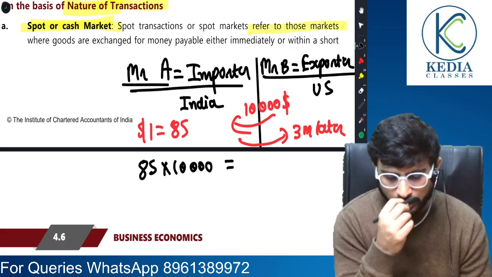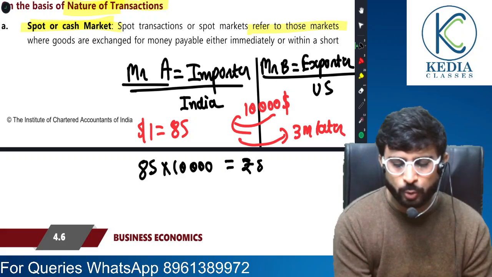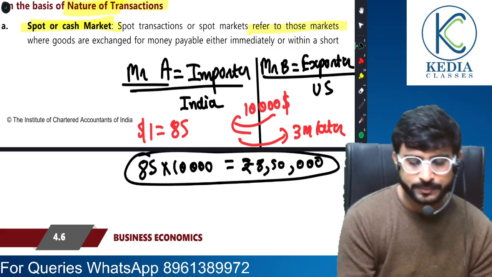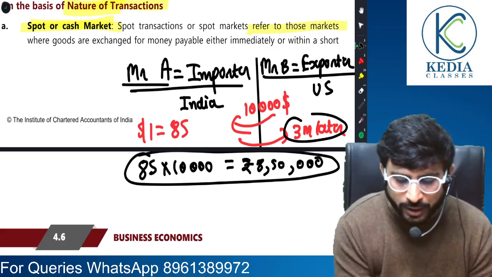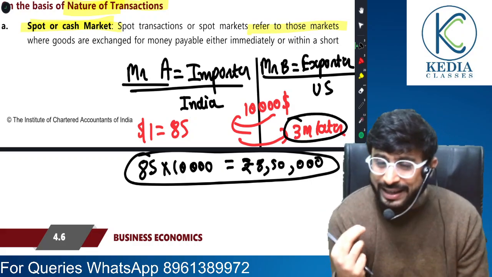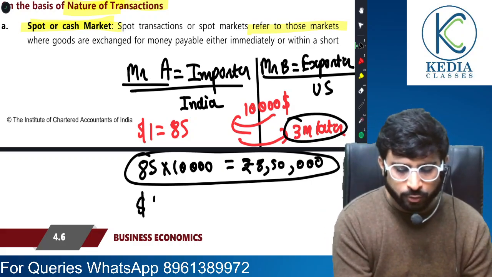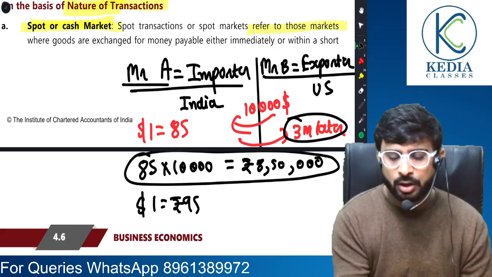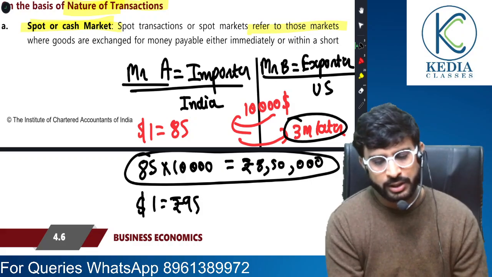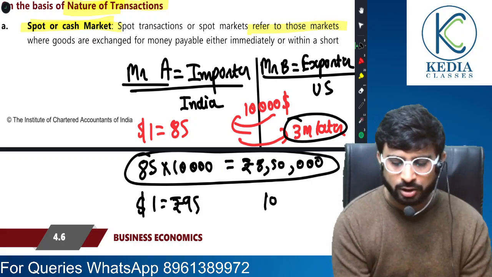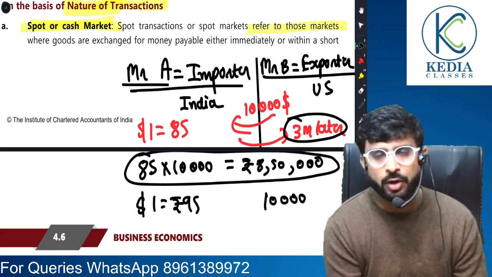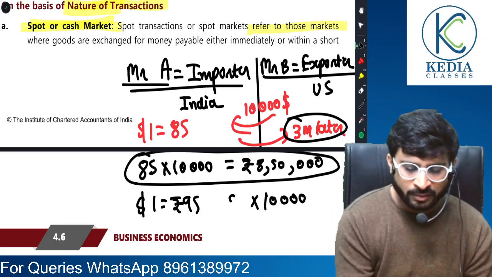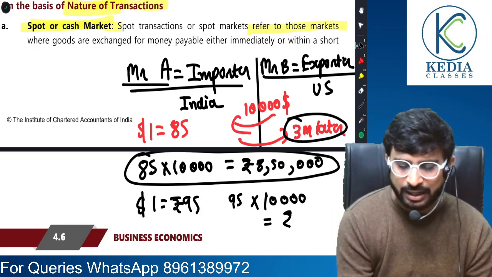So Mr. A is thinking that my actual outflow is going to be rupees 8,50,000 had I been paying today, but the agreement is to pay 3 months later. Now Mr. A is afraid that what if the value of the dollar rises and it becomes $1 equals maybe 95 rupees 3 months from now. In that case, despite the price of that product being 10,000 US dollars, Mr. A would have to pay rupees 9,50,000.